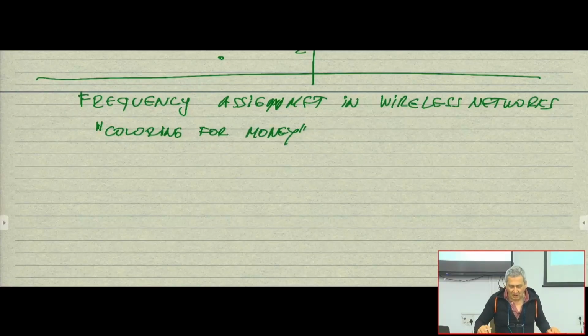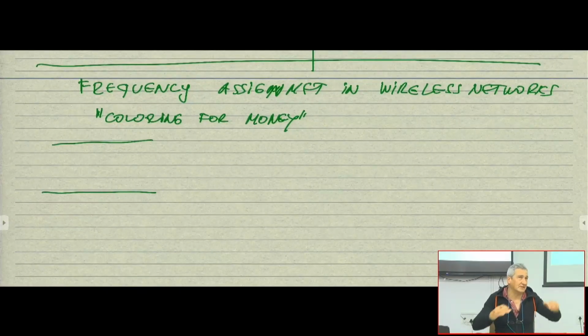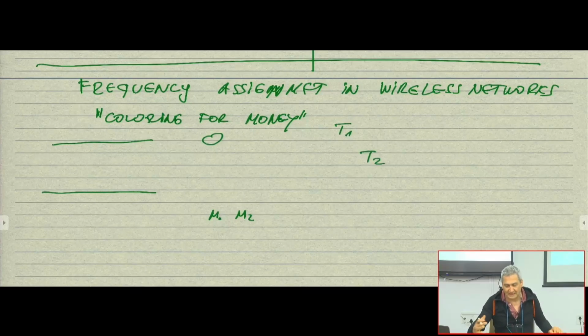So how does it come about? You know that the spectrum of frequency is bounded in the air. I'm not a physicist, I don't know these things very much. Now, if we have two mobiles close to each other, and mobile M1 communicates with some person T1, and M2 communicates with some person T2, let's say.